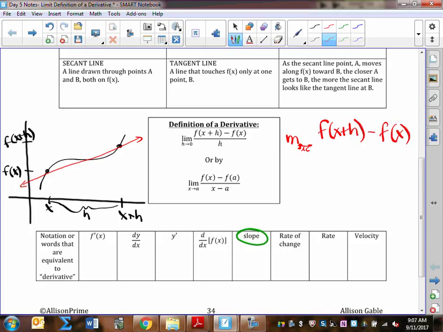So again, y minus y over x minus x. And this first x is x plus h minus x.